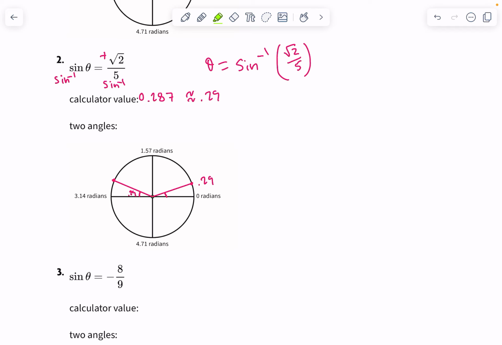So to find my angle of rotation, to find this, we do pi, 3.14, minus 0.29, okay? And that is equal to 2.85. So my two angles are 0.29 radians, and then 2.85, okay?